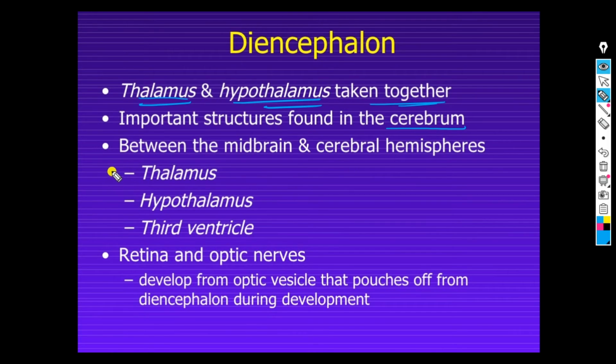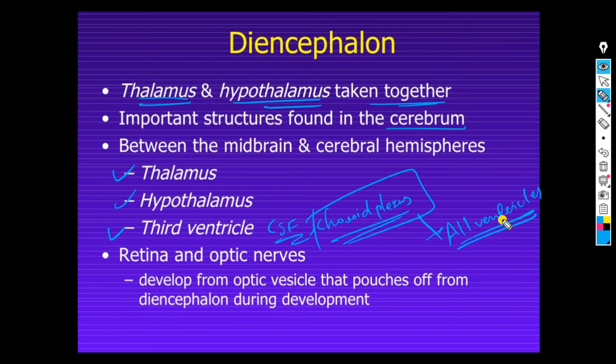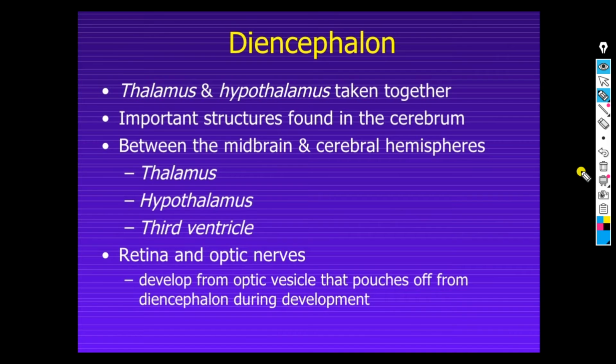The third ventricle contains the CSF, and CSF comes from the choroid plexus. Retina and optic nerves develop from the optic vesicle that pouches off from the diencephalon during development. So actually optic nerves are basically from the telencephalon.